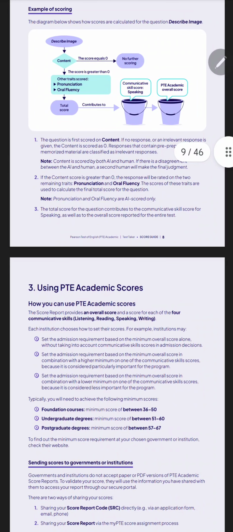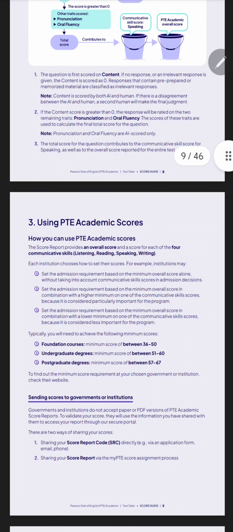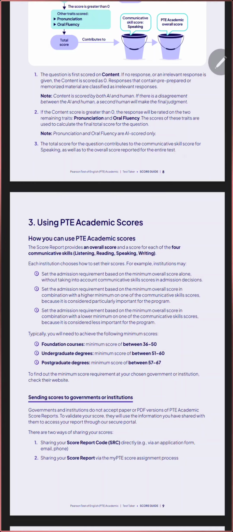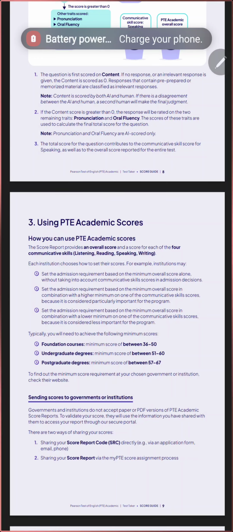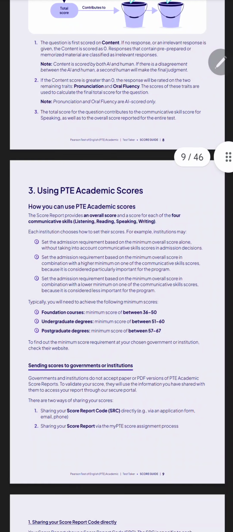Alright, so using the PTE Academic score, it really depends on the institution. For me, for example, now I would like to enroll in some kind of postgraduate course, so I need a minimum score between 57 and 67.